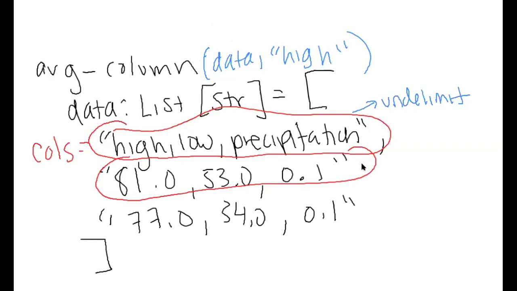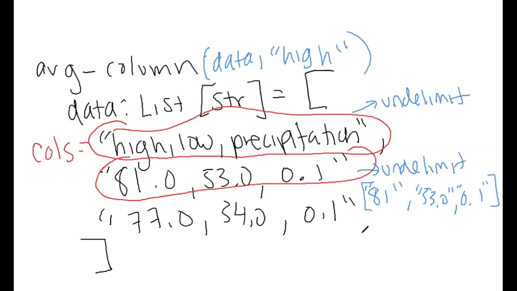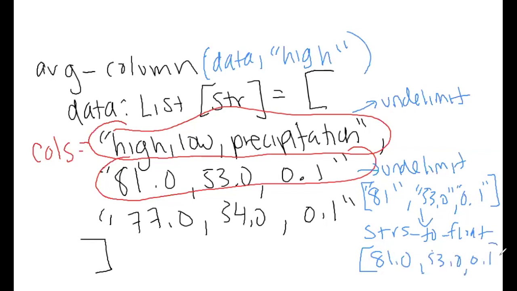So the first thing we can do is undelimit, and that will give us a list that looks like this: 81, 53, and 0.01, still strings. But we want these to be actual float values, so we can call stirs to float. And now we suddenly have actual data. We have these 3 float values in a list. So these are our values.